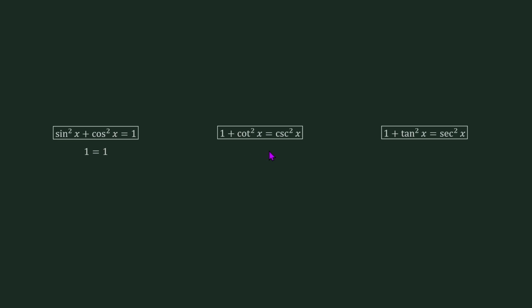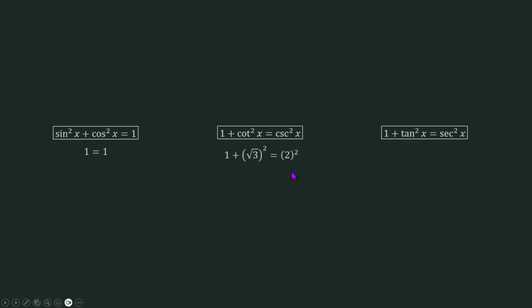So for the next identity, 1 plus cotangent square x is equal to cosecant square x. So we assume x as 30 degrees. So we can rewrite this, and then cotangent 30 degrees is square root of 3. Cosecant 30 degrees is 2.